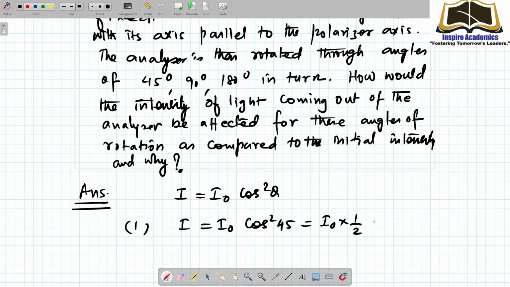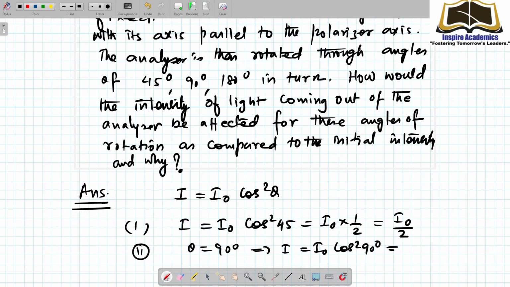So our outcome will be I naught upon 2. Clear? In the second case, theta is 90 degree, which means I would become I naught cos square 90 degree, which is 0. That means one is like this, the other is like this, at 90 degree angle to each other, so 0.